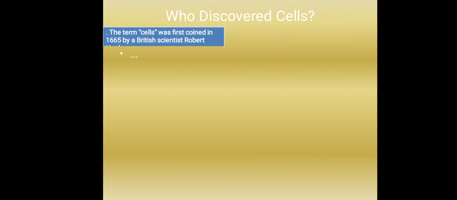Now, who discovered cells? The term cell was first coined in 1665 by a British scientist called Robert Hooke.